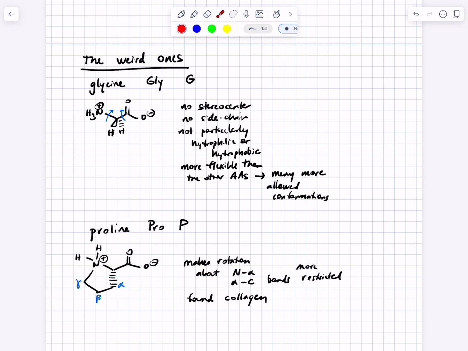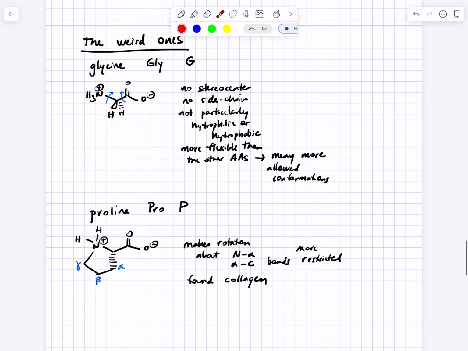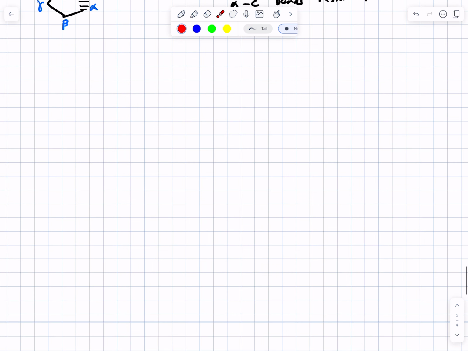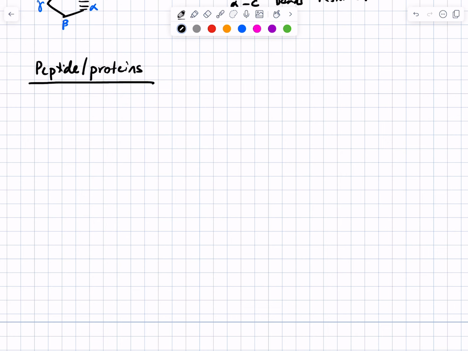All right, now we'll talk about how the amino acids are metabolized. But first, I want to talk about what a peptide or a protein is. We're not going to talk yet about how peptides and proteins are biosynthesized. That's going to come later next week.